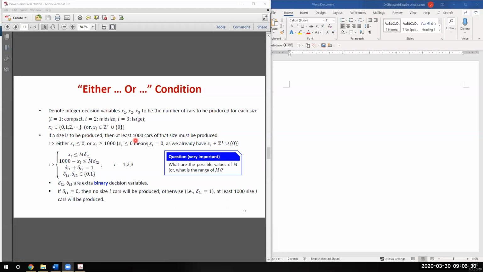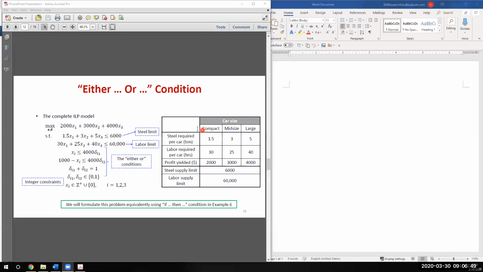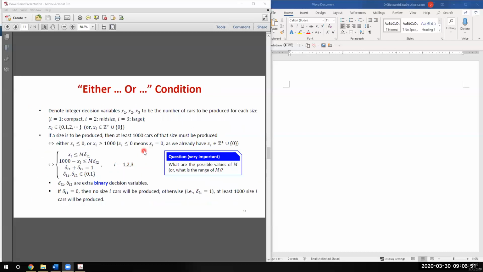So x equals 0 is equivalent to x less than or equal to 0. And hence, this immediately becomes an either/or type constraint. Why? Because I mentioned if a size is to be produced, then at least 1,000 cars of that size must be produced. That means either xi is less than or equal to 0 or greater than or equal to 1,000. So you can immediately follow in this way, okay?